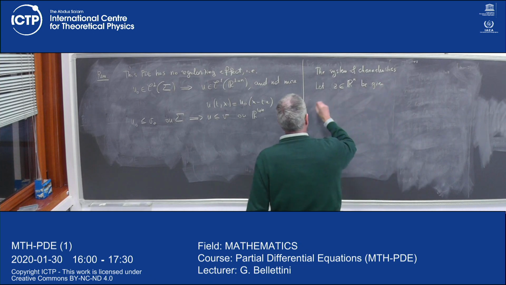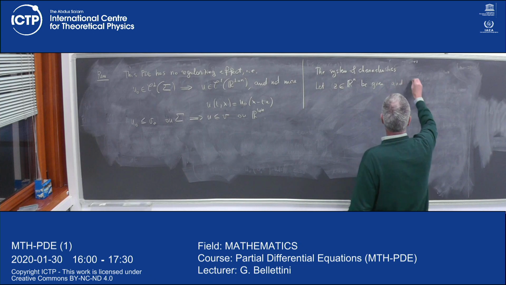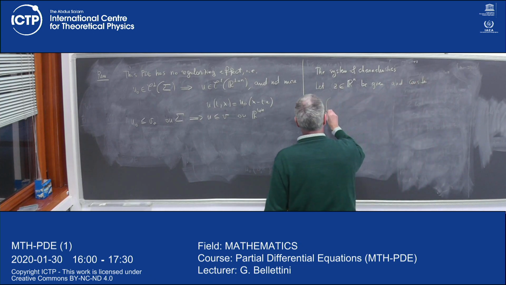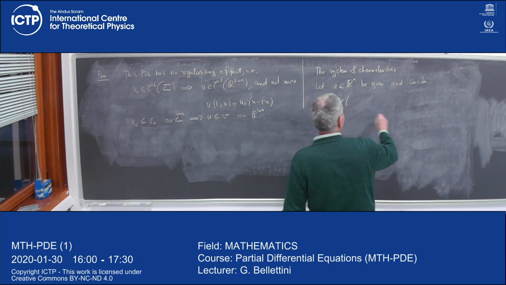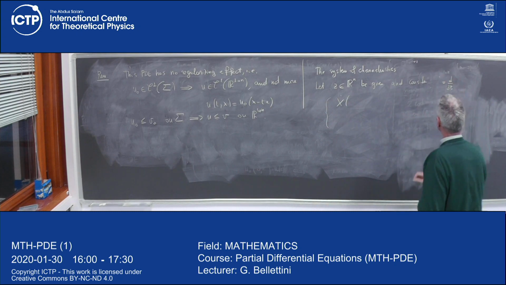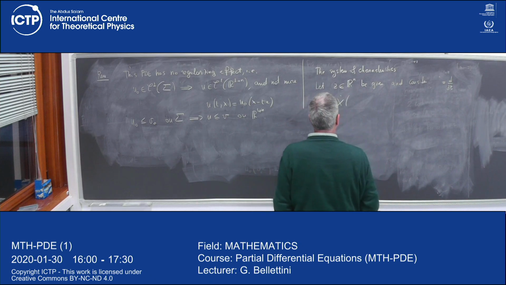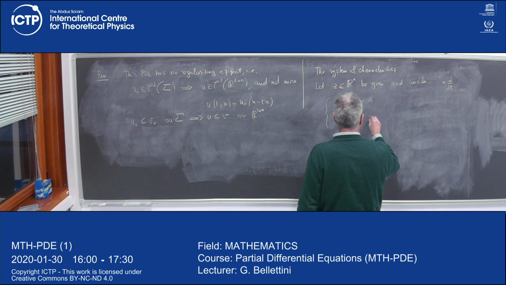And consider the following system: x dot, where dot means d over dt, equals a, x of 0 equals z.